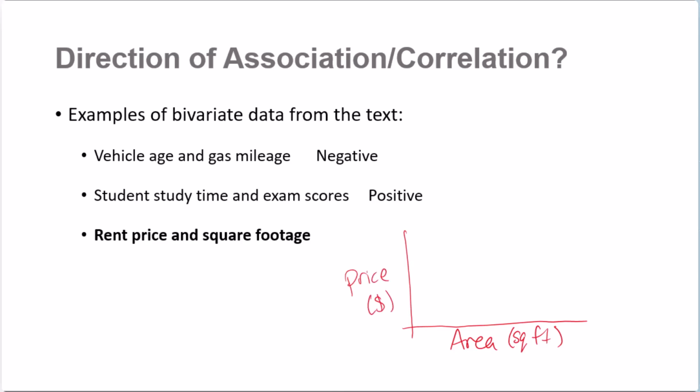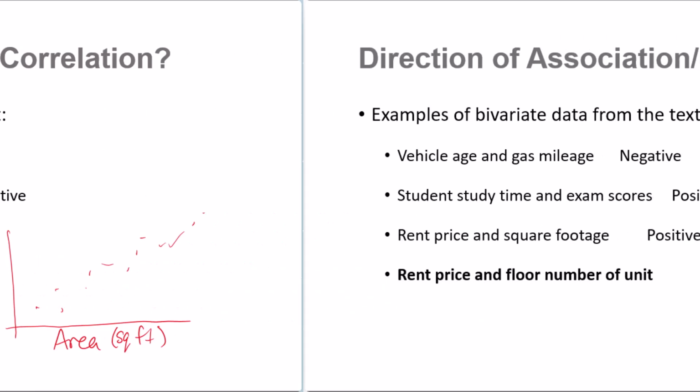If I think about what I would expect for this relationship, apartments that are larger generally are going to cost more. So I would expect to see dots kind of scattered about up and to the right, following a line generally upward. So I would expect a positive association or a positive correlation here.